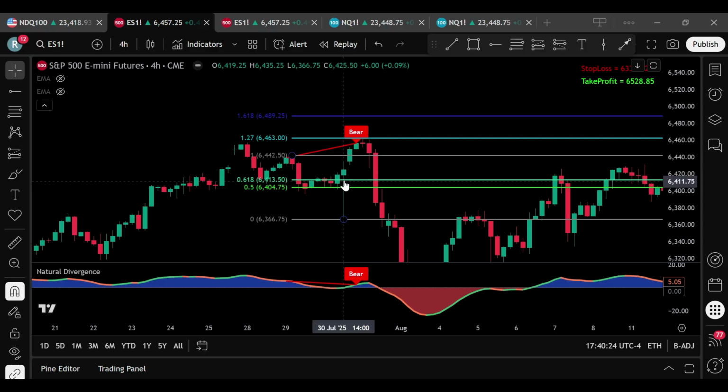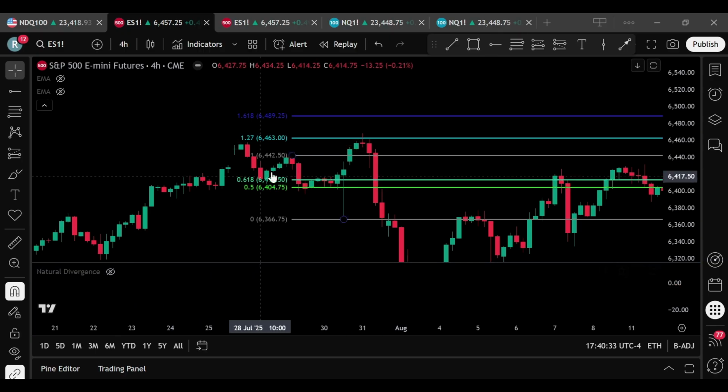We can see here, as the bearish divergence is being found, I'll hide this for a quick second. Once this candle closes is when the natural divergence picks up the divergence. Then we see it poke up into the zone, the potential reversal zone. Again, you find your range, and if we're expecting it to reach outside of the range, it normally is not going to expand farther than here.